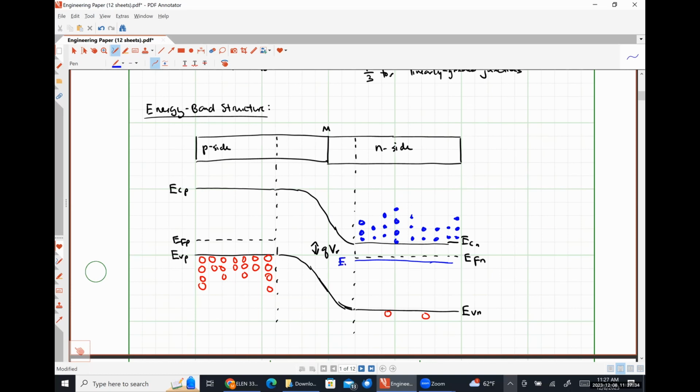So this level right here is supposed to represent the energy of the valence band on the P side, but I drew my Fermi levels effectively lining up there. So I need to give myself just a little bit of separation so that I can help define something here. What I'm trying to quantify here is this total barrier potential, V naught plus VR. And then we're going to see something pretty similar over on this side as well.